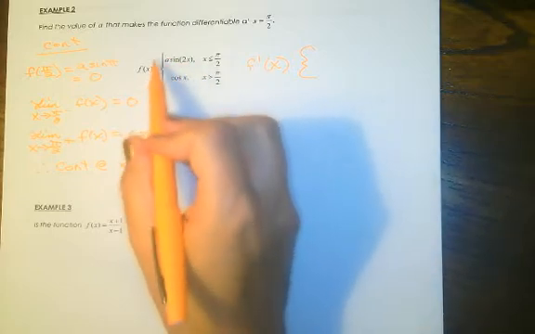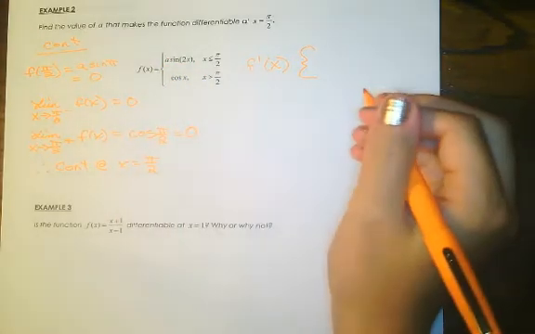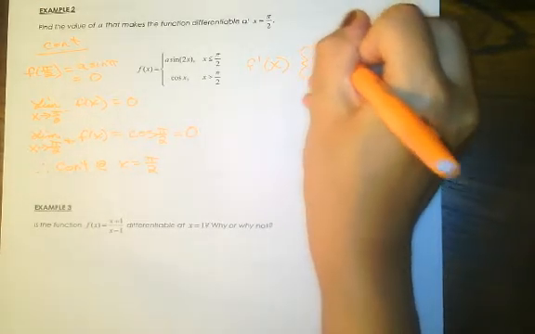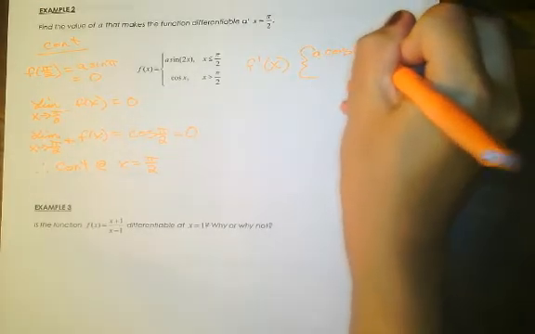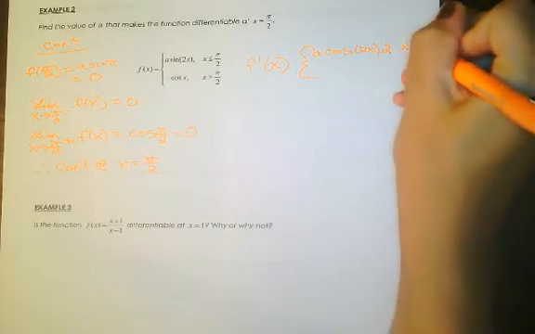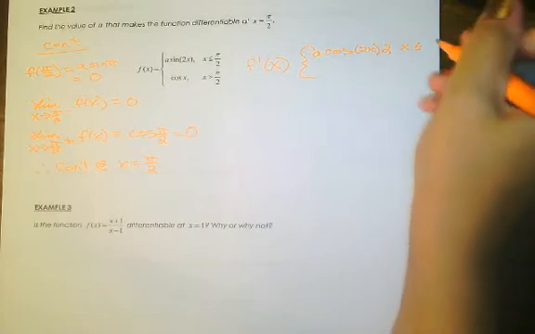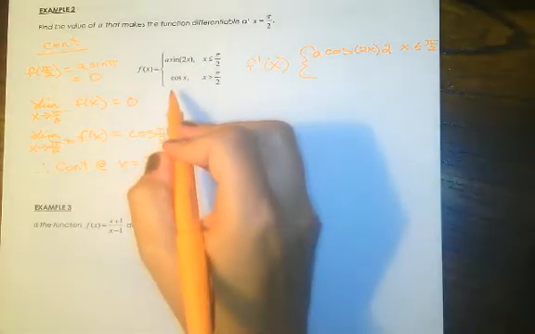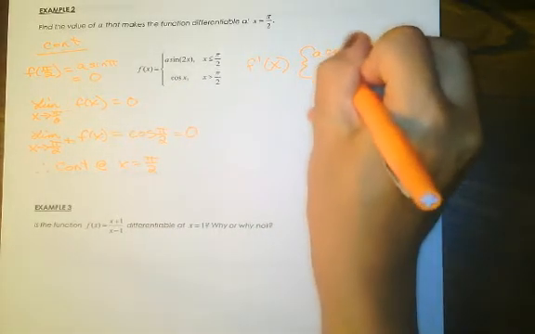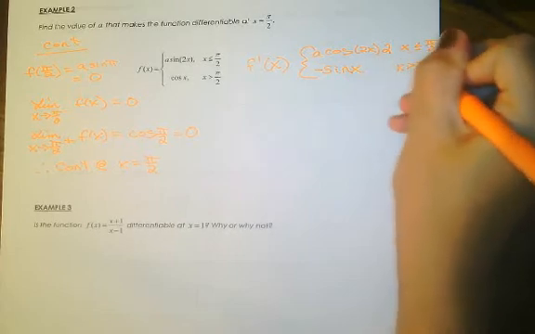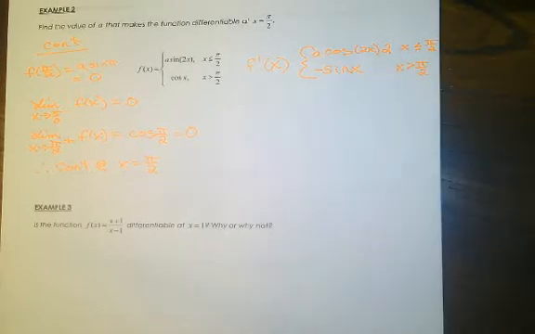The constant, which in this case is a, just gets brought down. So I'm going to have a cosine of the stuff times the derivative of the stuff. There's a 2 there, and that's for x less than or equal to pi over 2. The derivative of cosine is negative sine, and there's no chain rule needed there, so that's for x greater than pi over 2. So there's my derivative.